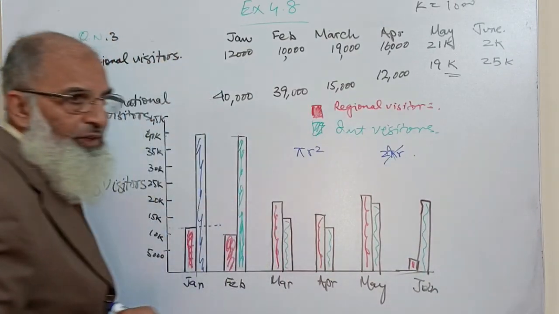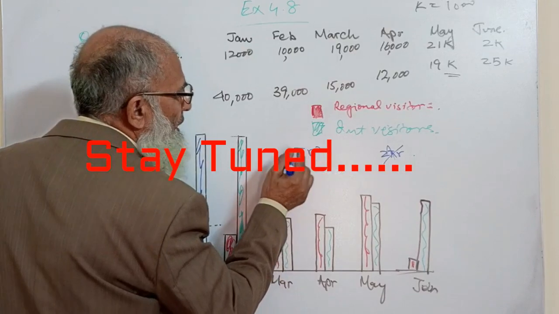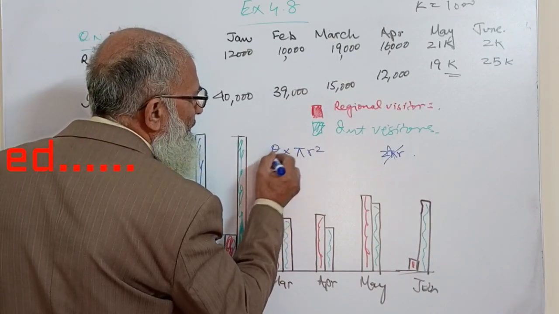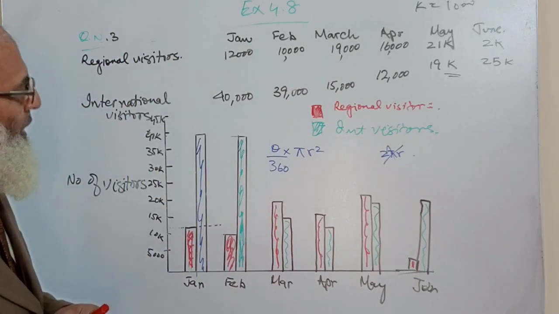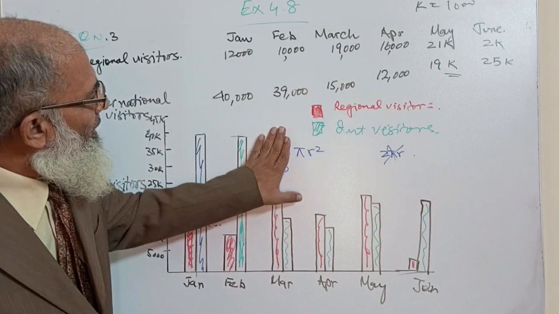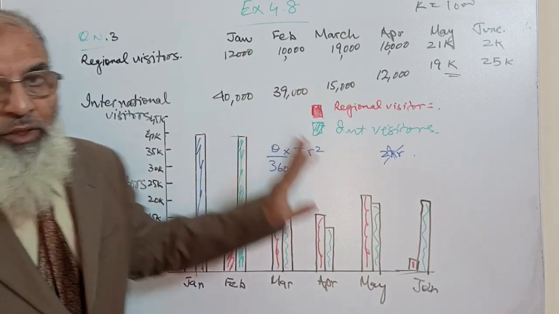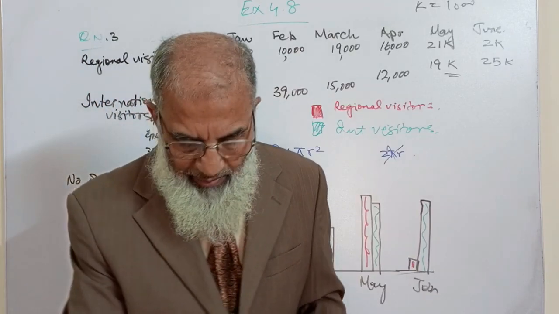We are only concerned with the area of the circle, and the sector will be like this. So this is the area of sector, and this is the area of circle. Okay. So I'll be telling you more about pie chart in my upcoming lecture.